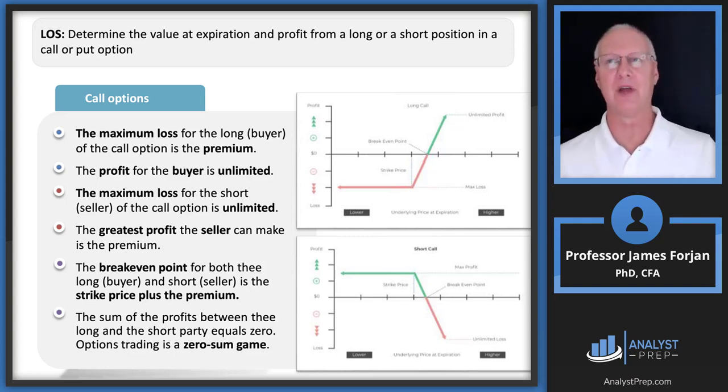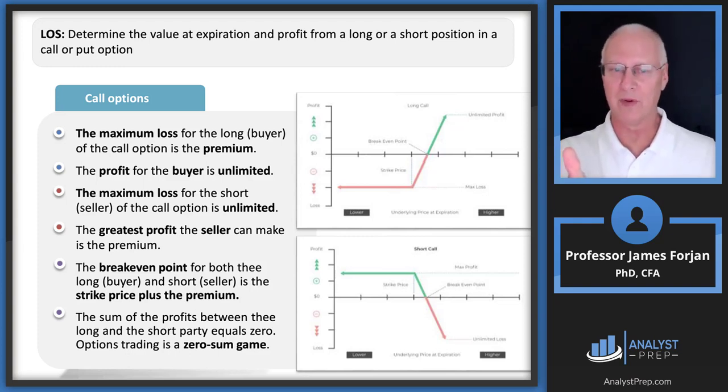So you hand me $5. What I hope is I never see you again. And I'll never see you again when the price falls, even just a little bit or a lot, and then I get to keep your premium. For me, that's a positive return. For you, that's a minus 100% loss.